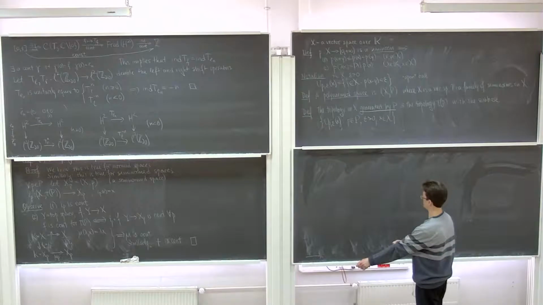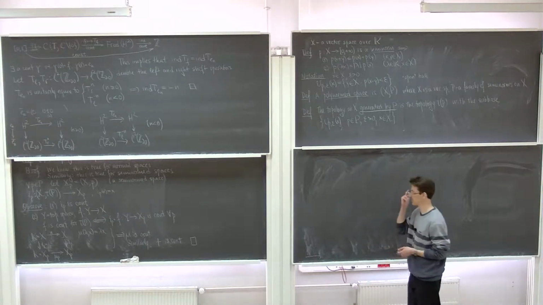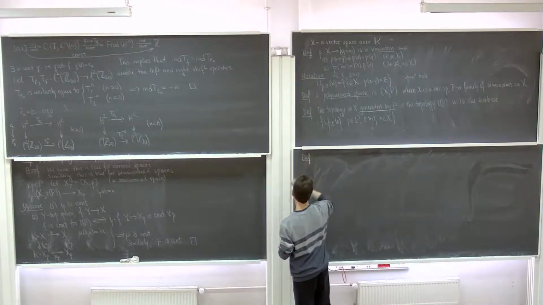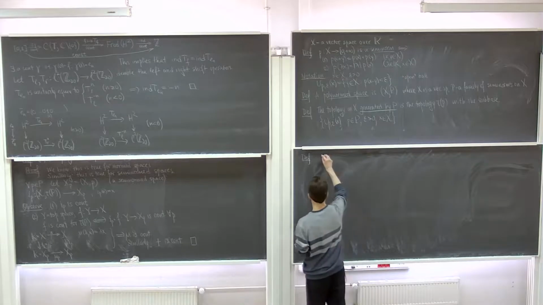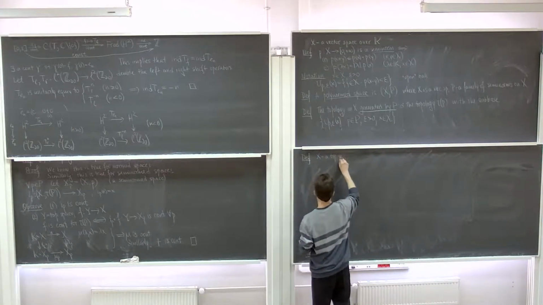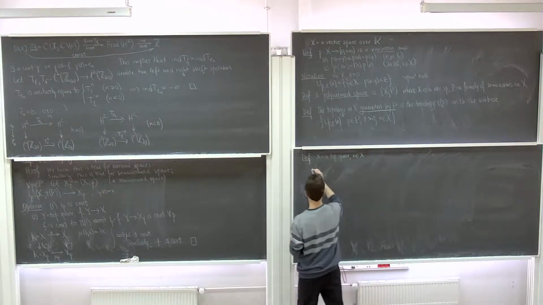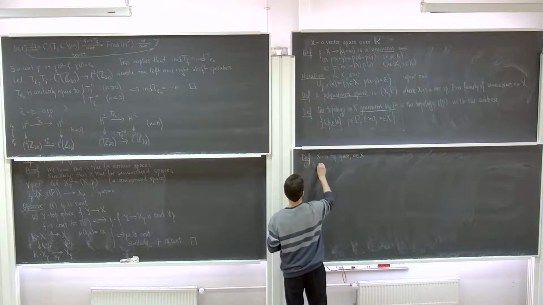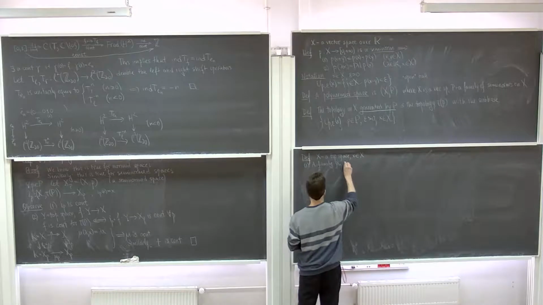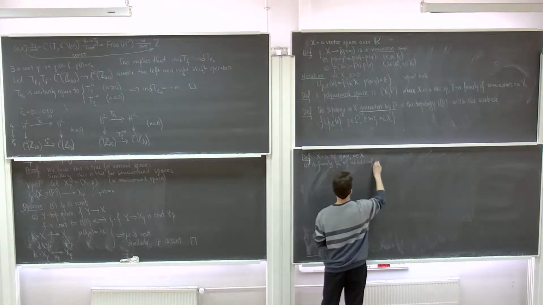So to begin with, let's recall some terminology from general topology. Suppose that X is a topological space, and little x is a point in X. And suppose we have a family, say beta_x, of neighborhoods of x.